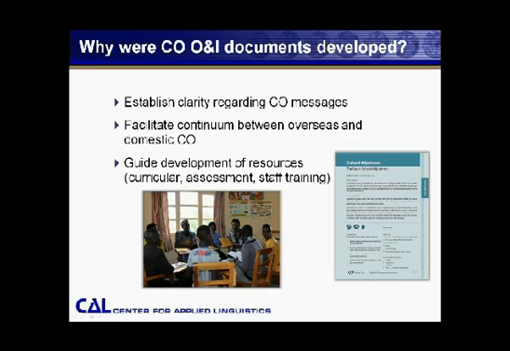And another really important purpose for these documents is to guide the development of resources. One example of that is the Welcome to the U.S. Orientation Kit, which is aligned with the CO Objectives and Indicators documents. Another more recent example of a resource that CAL worked on is the Reception and Placement Orientation Curriculum, which was completed in late 2013.